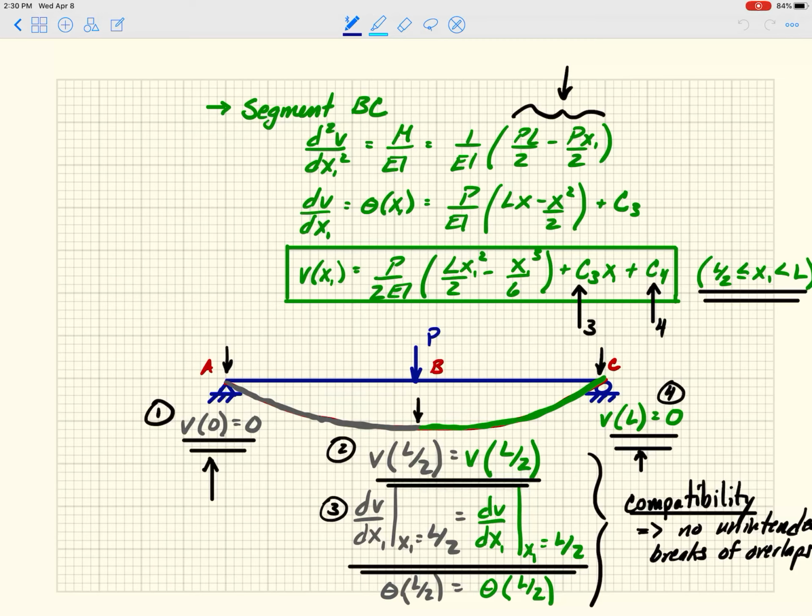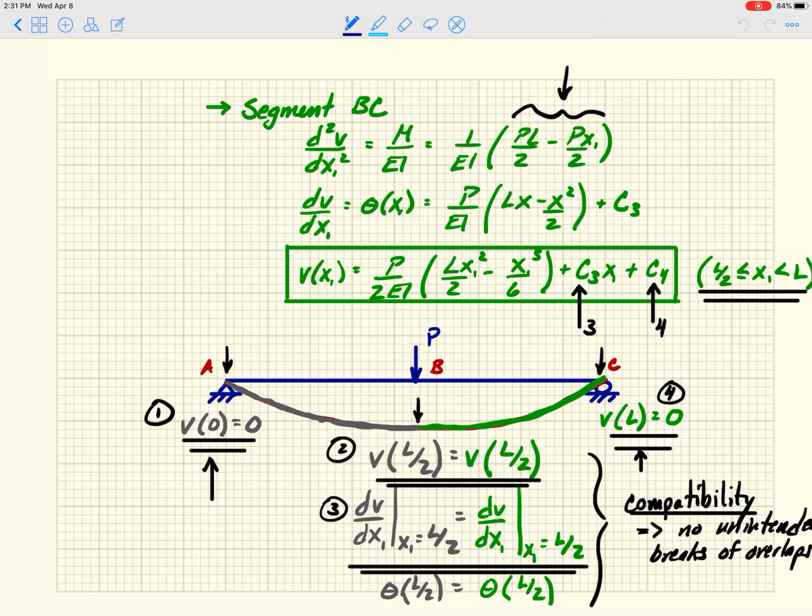I'm just telling you that the displacement of the left-hand elastic curve, the gray elastic curve, and the displacement of the green elastic curve are exactly the same at x equals L over 2. I'm also telling you that the slope of those elastic curves have to be the same at x equals L over 2.